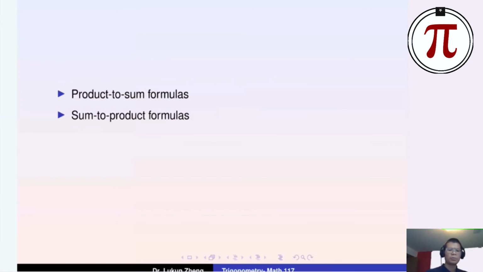3.4, product-to-sum formulas. There are 4 formulas, right? 1, 2, 3, and 4. Sine alpha sine beta, two sines; sine alpha cosine beta; cosine alpha sine beta; cosine alpha cosine beta.